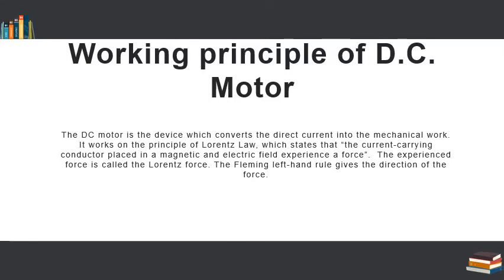It works on the principle of Lorentz law, which states that a current carrying conductor placed in a magnetic field and electric field experiences a force. This force is called the Lorentz force. Fleming's left-hand rule gives the direction of the force.